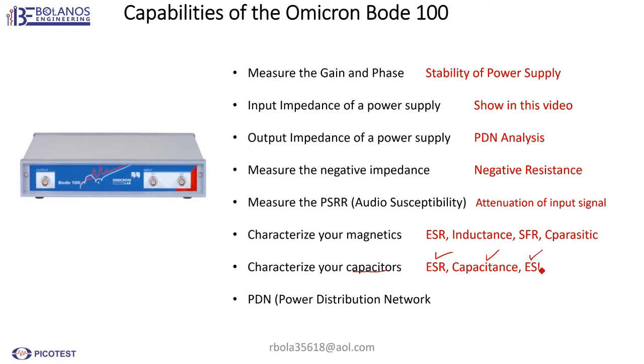We used to neglect the ESL, but now with FPGAs, and this kind of ties into the PDN, FPGAs are operating with voltages of 1.2 volts and currents of maybe 50 amps or higher.